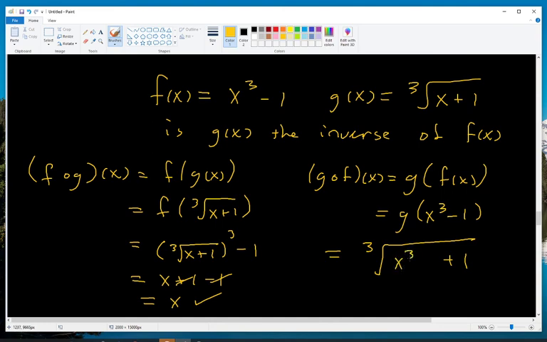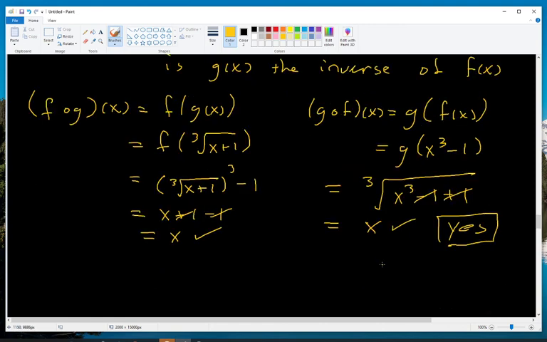So I put the x cubed minus 1 there. Minus 1 plus 1 cancel. When you take the cube root of x cubed, that goes down to just x as well. So in this case, yes, the g of x function is the inverse of f of x, and we could write that g of x is actually equal to f inverse of x.